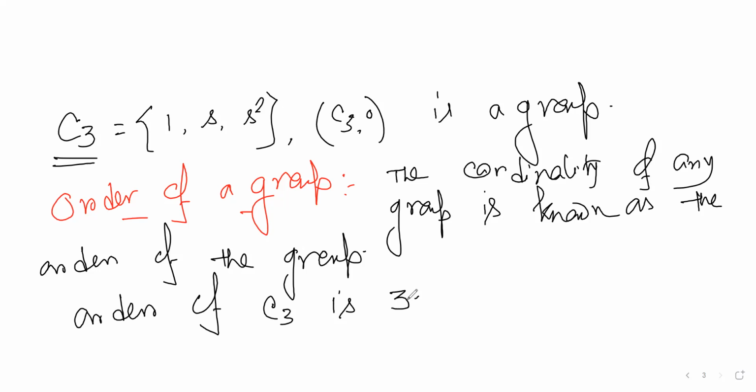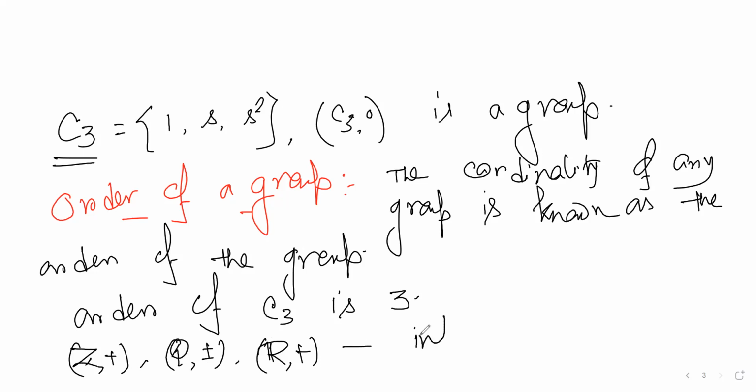We already saw a few examples in the first introductory lecture of group theory, where Z is a group under plus, Q plus, R plus. These are all groups, right? And what is the order of these groups? They are all infinite order groups, right? Fine.